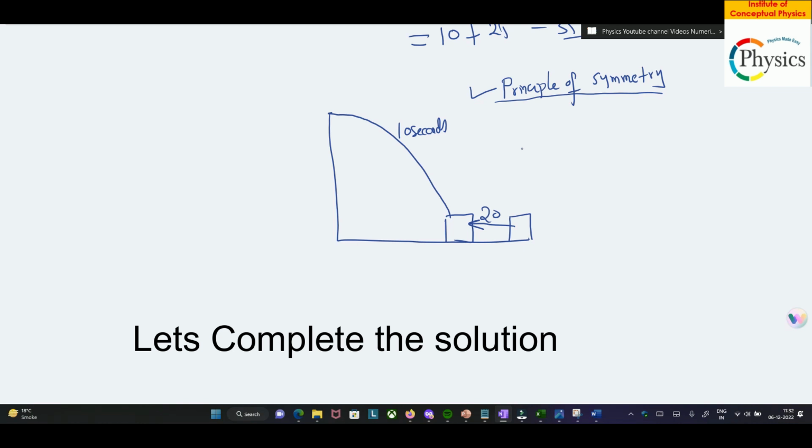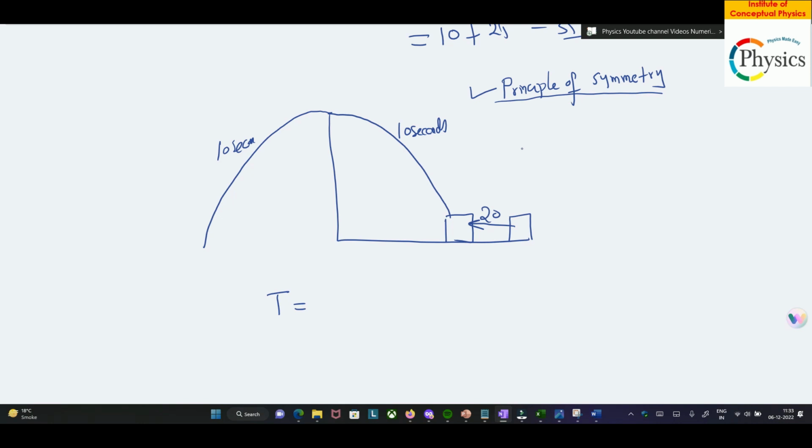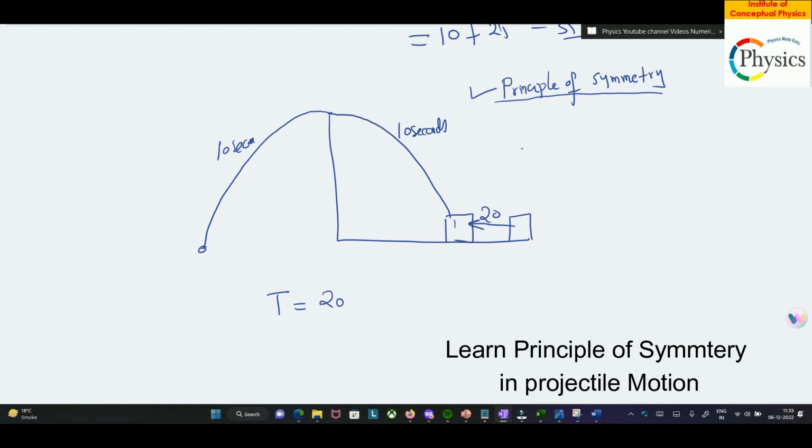Now by symmetry, the other side when this falls also takes you 10 seconds, right? So the total time the package will take to reach the ground is 20 seconds on the cannon, then first 10 seconds and then another 10 seconds, equal to 40 seconds, right? So this is the conclusion.